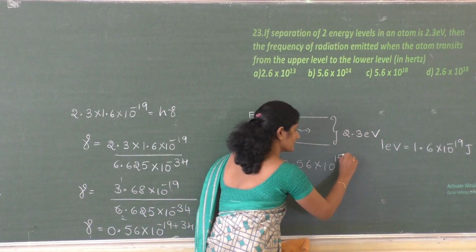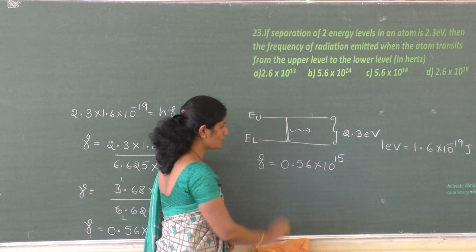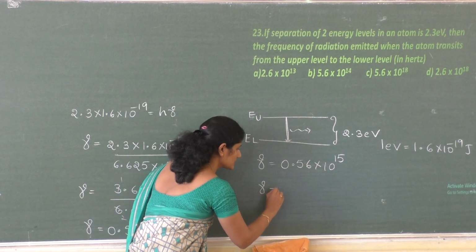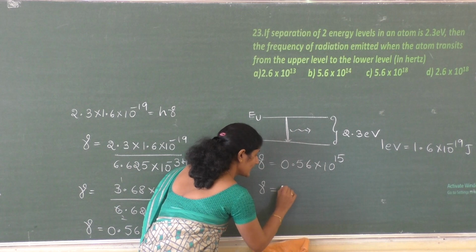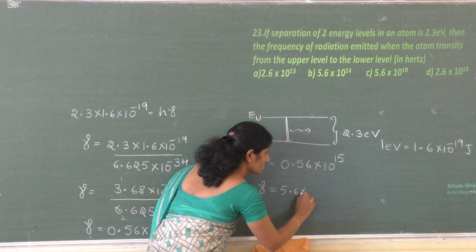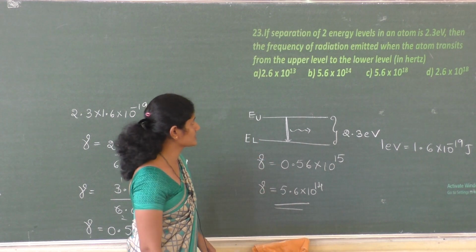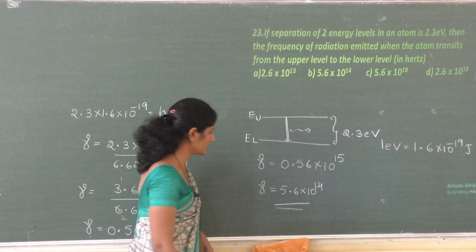So 0.56 into 10 to the power 15, or frequency nu is equal to 5.6 into 10 to the power 14 hertz.